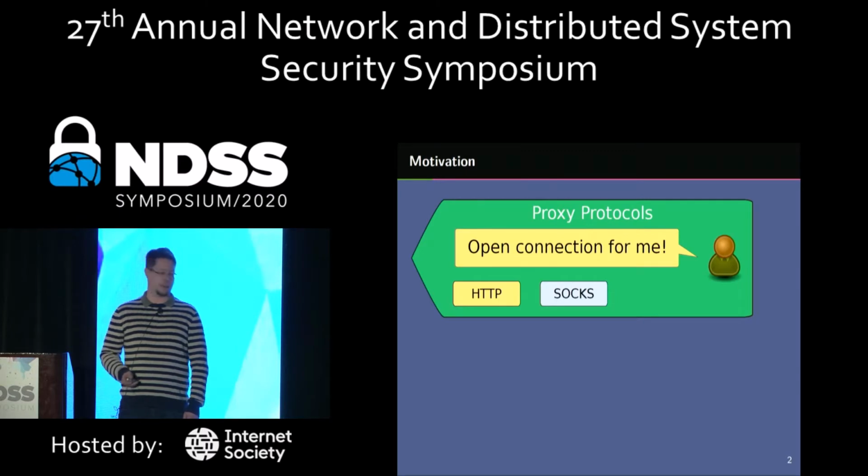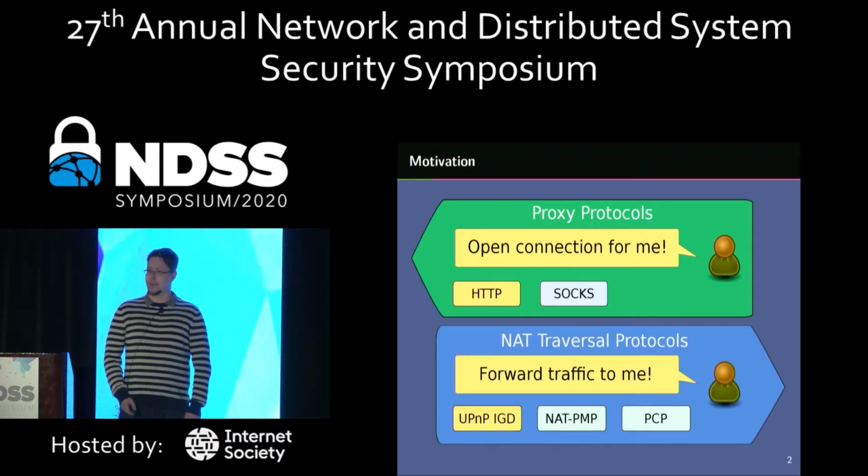We are going to go through two types of protocols. First of all, proxy protocols, where you as a client ask the proxy, could you please open me a connection to a remote host? On the other side, we have NAT traversal protocols, where the client informs the gateway, could you please open me a port and forward all incoming traffic.